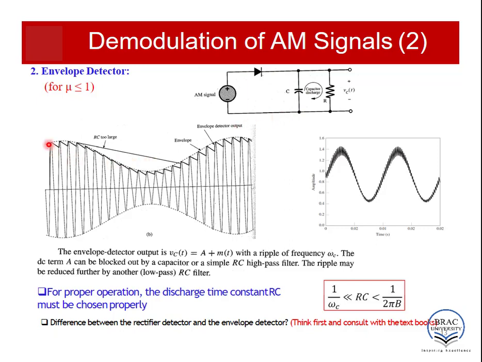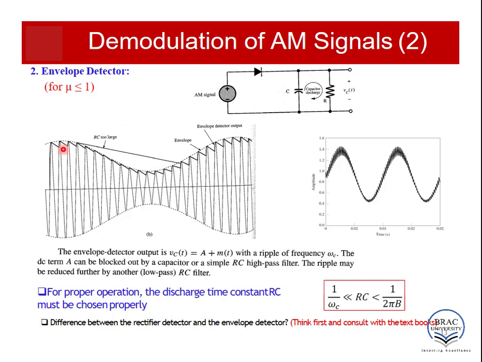Then, when the input signal falls beyond its peak and starts decreasing, the diode is now reverse biased because the P terminal of the diode is connected to the input, which is now less than the N terminal, which is the capacitor voltage. As the diode is reverse biased, the capacitor starts to discharge through the resistor, and in the meantime the input is increasing again.